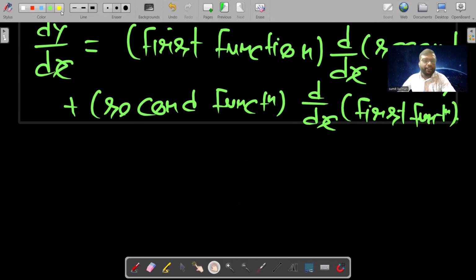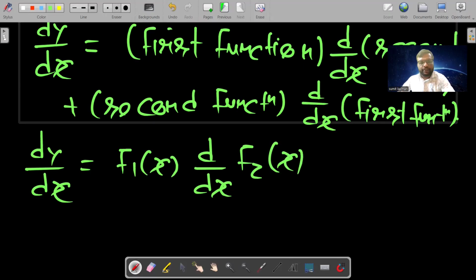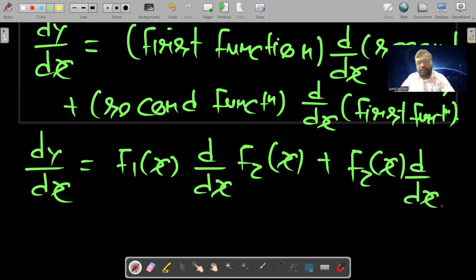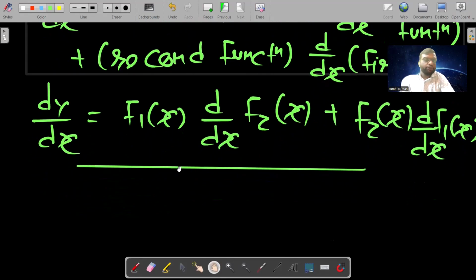Next, if we write in terms of f1(x) and f2(x), then dy upon dx is equal to f1(x) into d upon dx of f2(x) plus f2(x) into d upon dx of f1(x). So this you have to remember. This is the formula for the differential coefficient of the product of two functions.